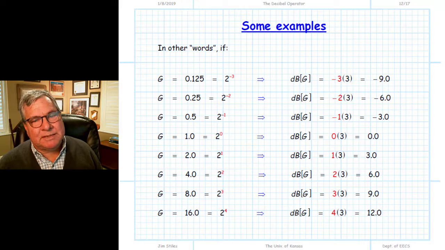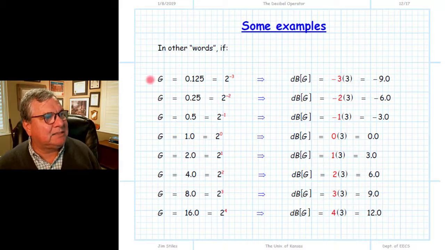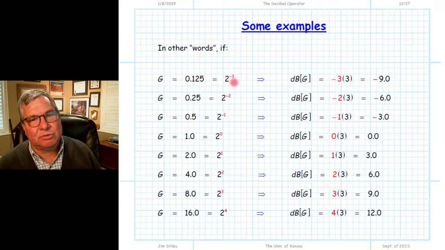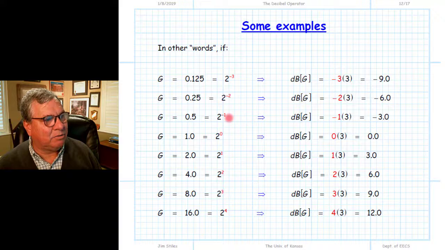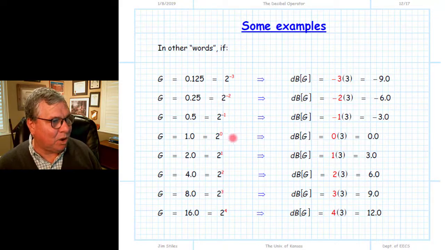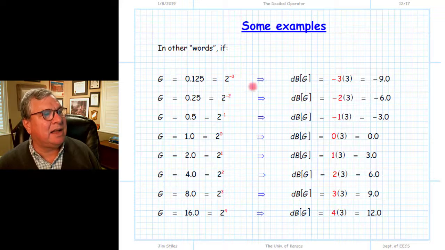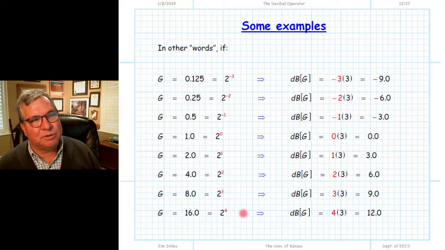So here are some examples, and this is very similar to the list that we provided when we talked about powers of 10. In this case, gain, or a coefficient, is going to double each time. We start at a value of 2 to the minus 3, 1 over 8, and then we go to 1 over 4, and 1 over 2, and then 1, and then 2, 4, 8, 16. Each time we increase by a factor of 2.